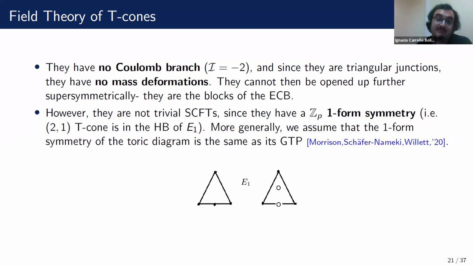Our argument comes from the conjecture made in this paper that the toric diagram has the same one-form symmetry as the GTP. So in principle, the general argument would be that we compute the one-form symmetry in the toric diagram, and this should match with the GTP. But this is something we don't know for sure. This is just a conjecture.